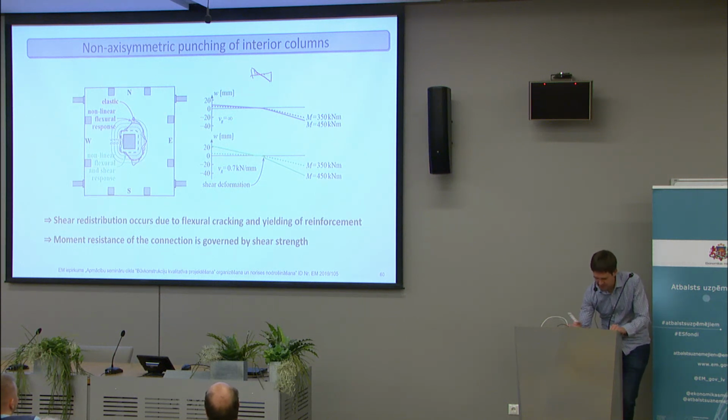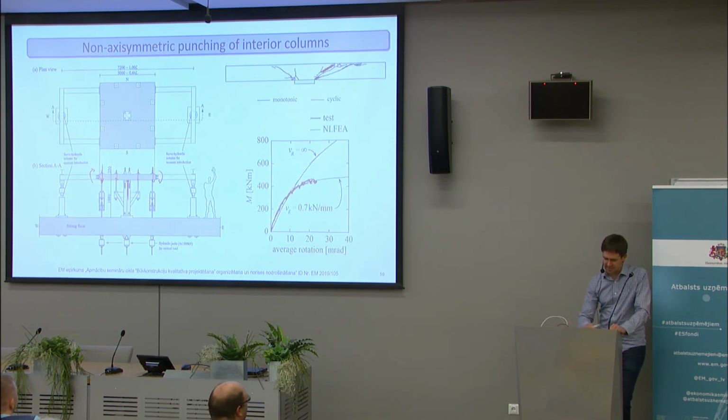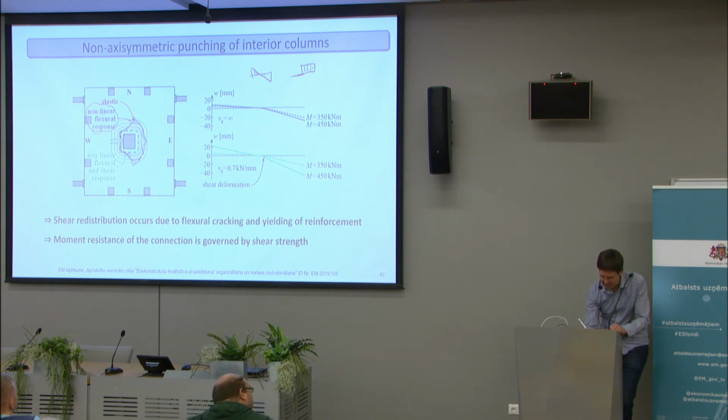Then the blue line shows that if only the flexural response, or only the moment-curvature, is non-linear but the shear resistance is linear, then I get something like this. It's maybe not the best representation, but the distribution is quite plastic. So here it's about 0, here it's quite constant.